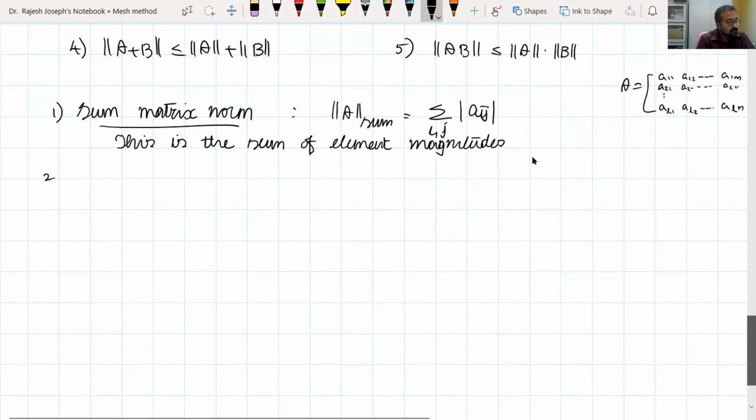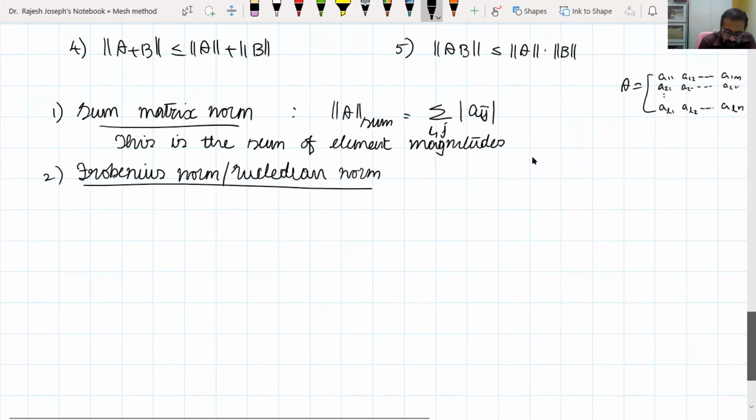Then the next one, the Frobenius norm or Euclidean norm. That is given by this expression: square root of sigma over i, j of mod a_ij squared.